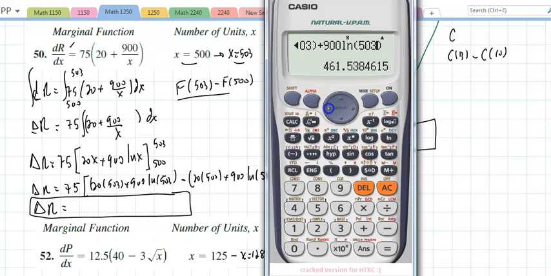It's kind of lengthy, so I'm going to keep the 75 out of it. So I'll get this part first.